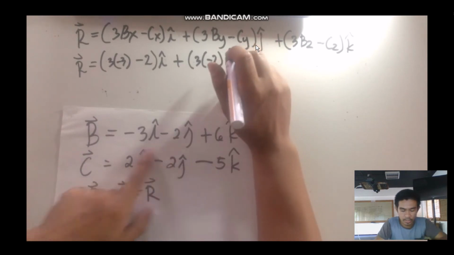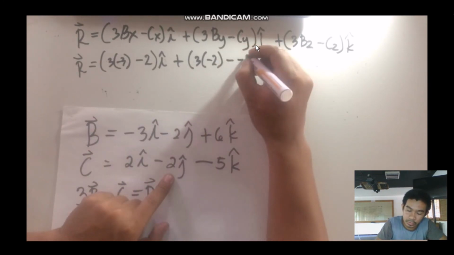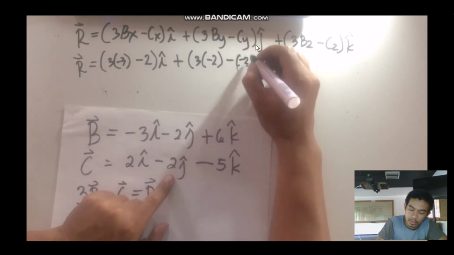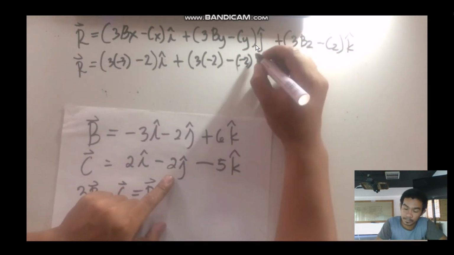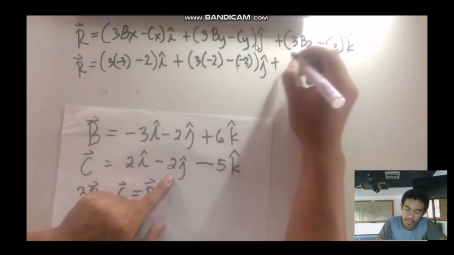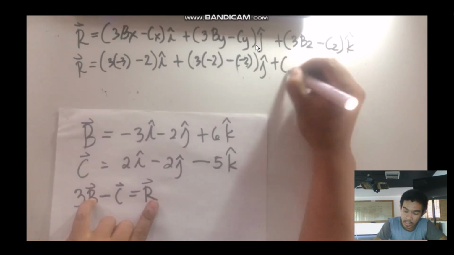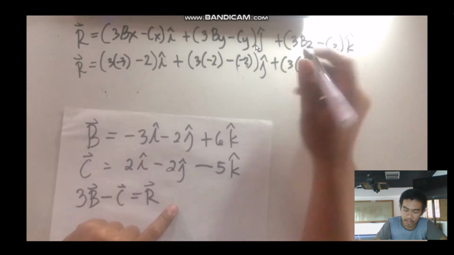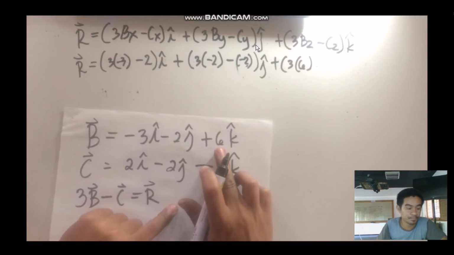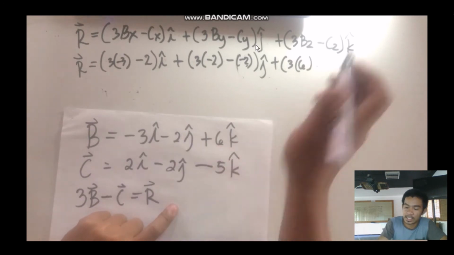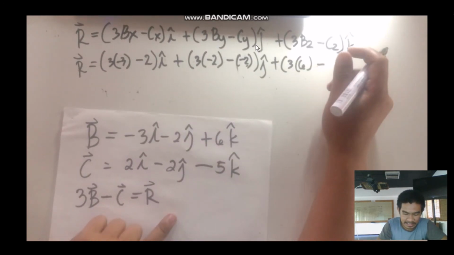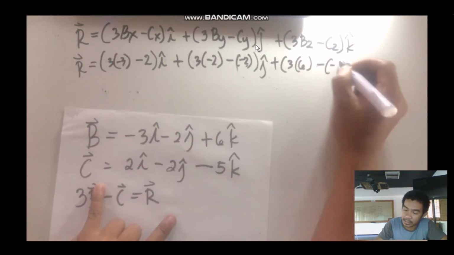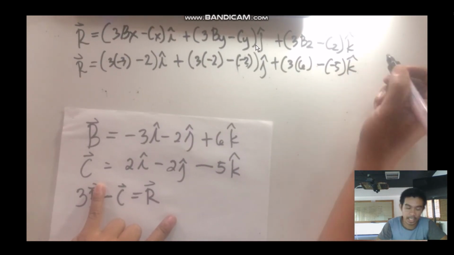Minus C of y, which is negative 2, j hat plus 3 times Bz. The z component of vector B is 6, minus, what is C of z? Negative 5. Minus negative 5k.